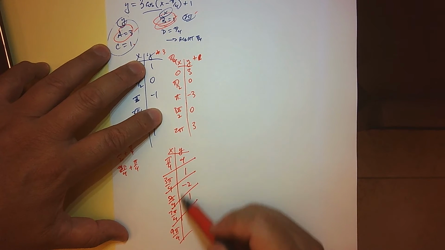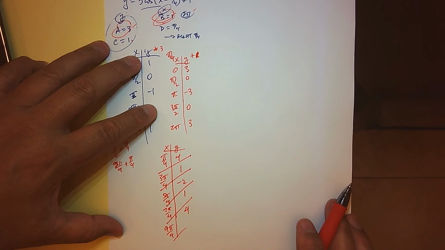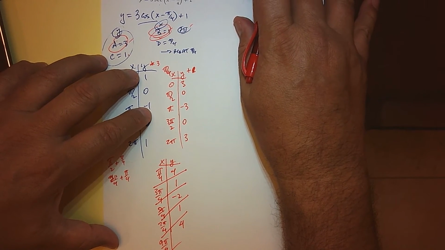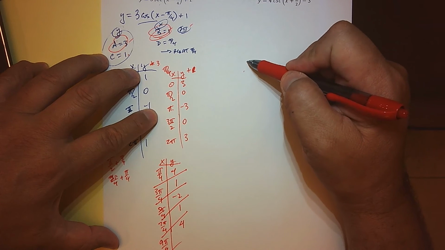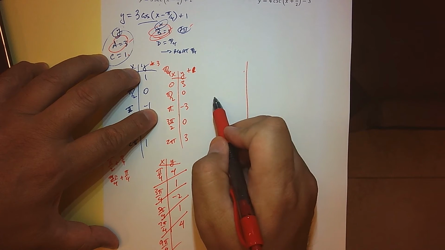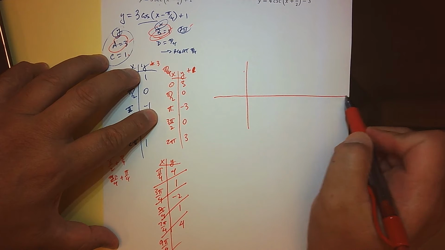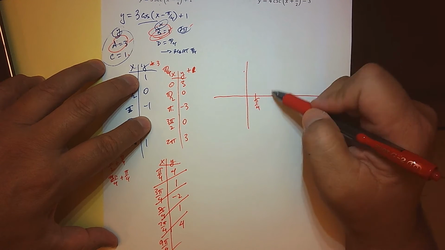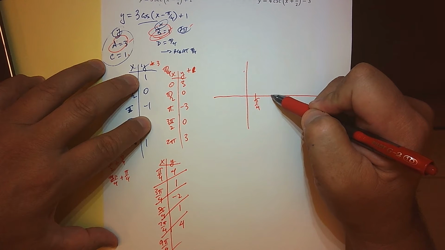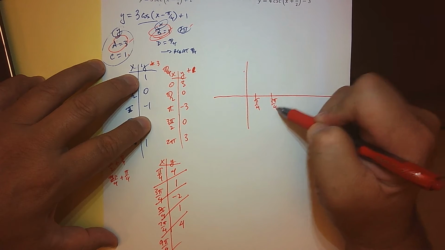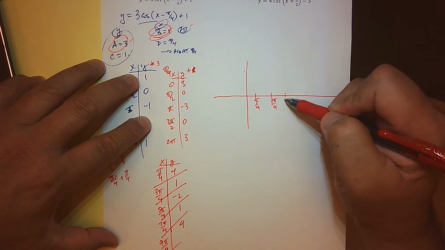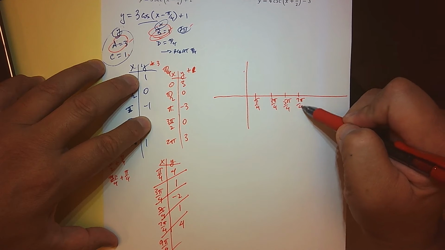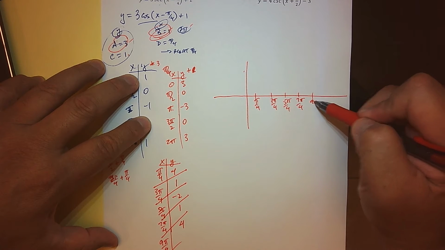So these are all the data points that have been manipulated on a cosine graph, right? So to go graph it, on that one period, we have basically pi over 4, and then we have 3 pi over 4, and then we have 5 pi over 4, and 7 pi over 4, and 9 pi over 4.